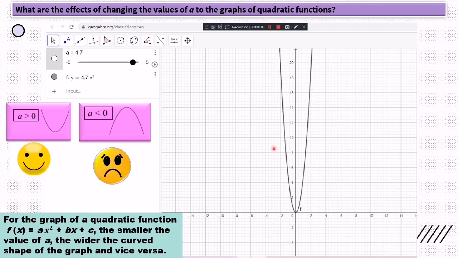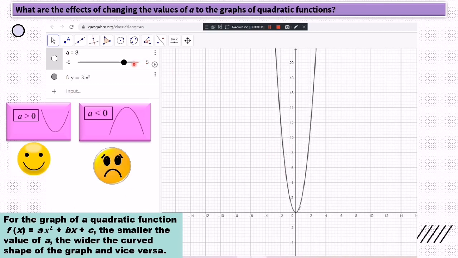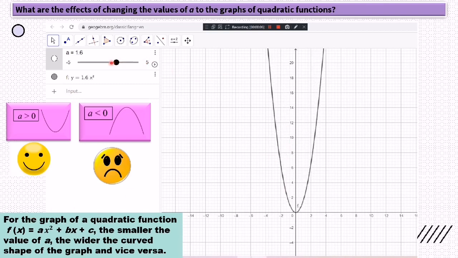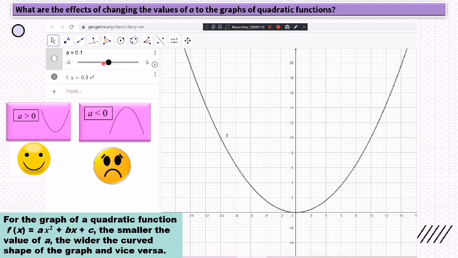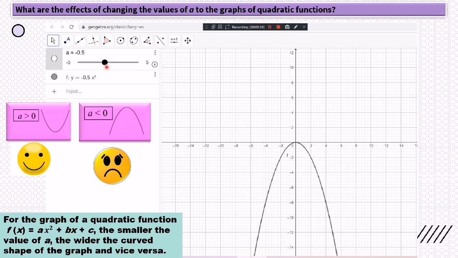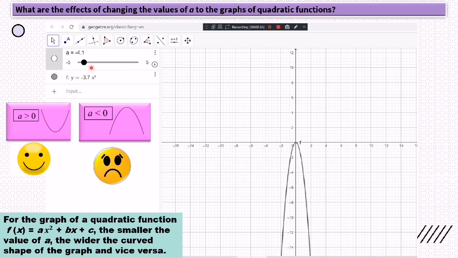Let us look at this graph. The value of a getting smaller. When a is less than 0, the value of a getting bigger, the graph looks like this.